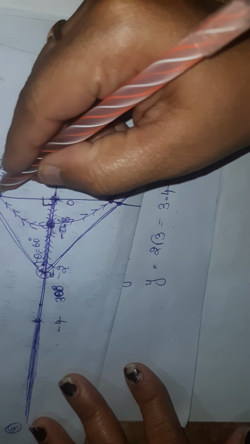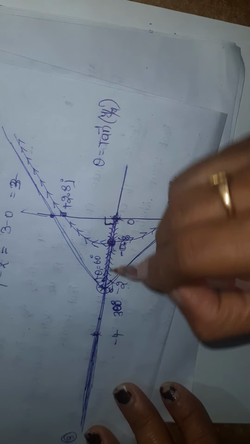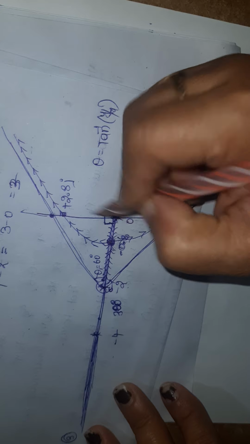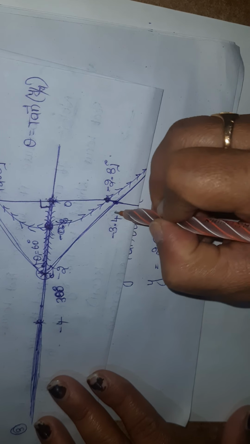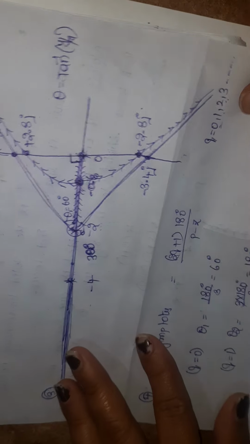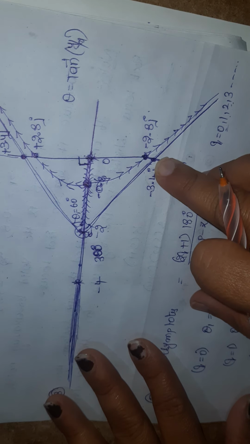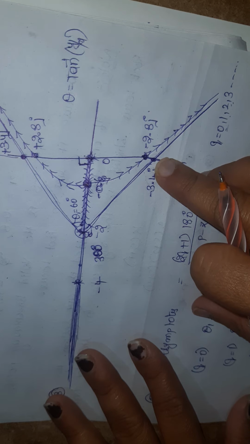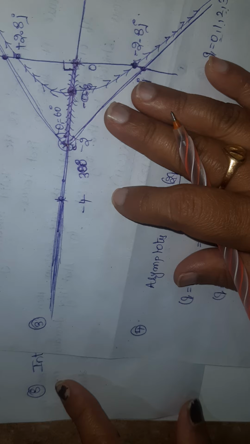Y is this opposite distance, so the intersection points are plus 3.4 j and minus 3.4 j. Like this we can calculate the intersection of asymptotes with the j omega axis. With this problem we have discussed up to rule 8. Okay, thank you.